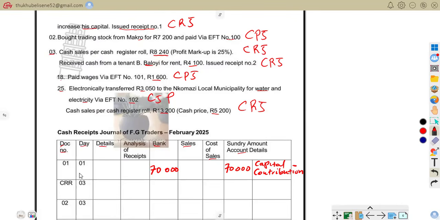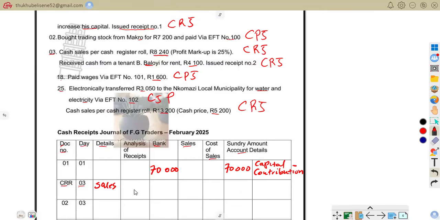So remember, our document number is CRR, church receipt journal, and it was on the third. So it says church sales register roll of 8,200. So we are going to say under church receipt journal, we have what? Sales as our details, because we are told that is a church sales.